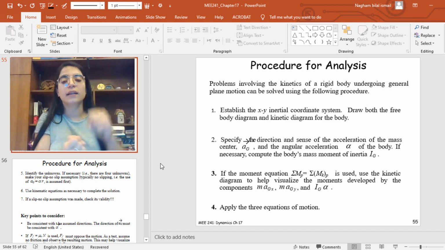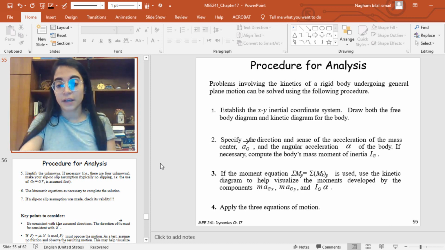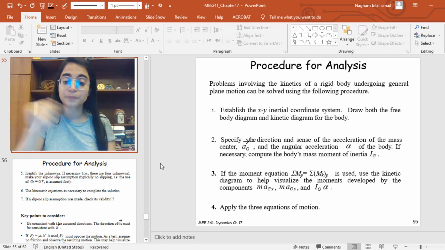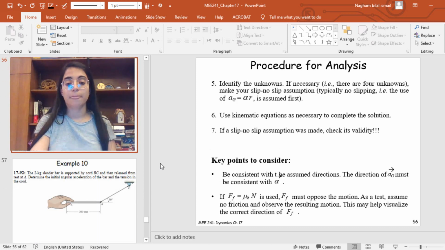If alpha is clockwise, then a_G will be to the right, and if a_G is negative, this means that a_G is in the opposite direction. Of course, you have to find I_G or I_O, and then find the equations for general plane motion: sum of x, sum of y, and sum of moments.